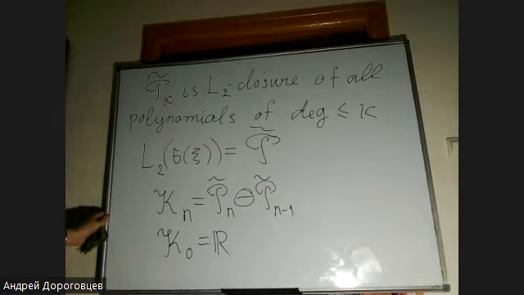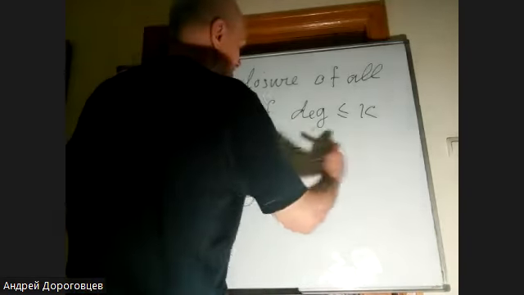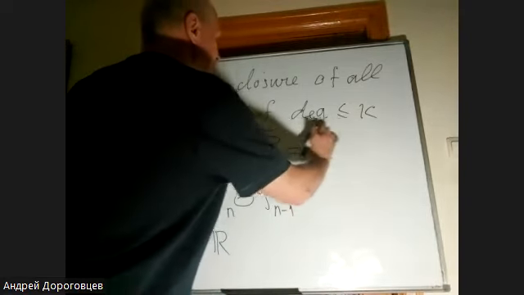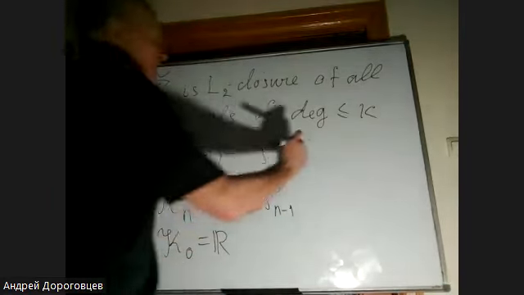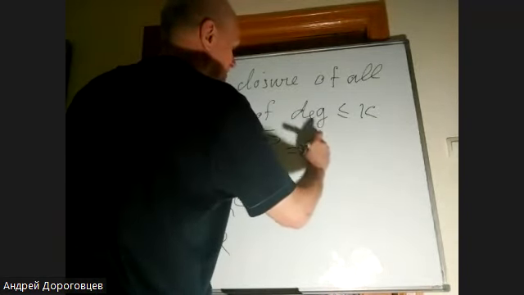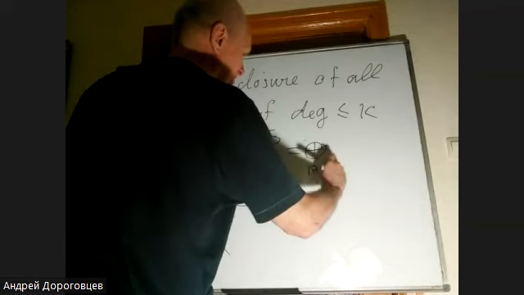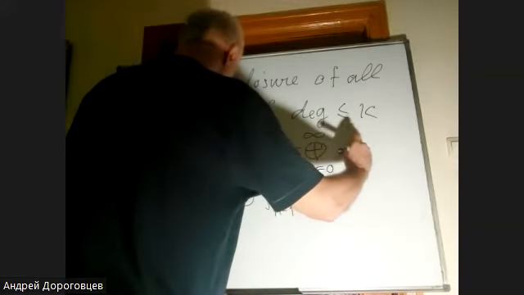And then one can easily check that this is the orthogonal sum from n equals 0 to infinity of our K_n.